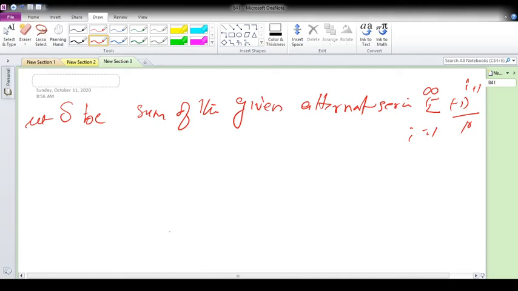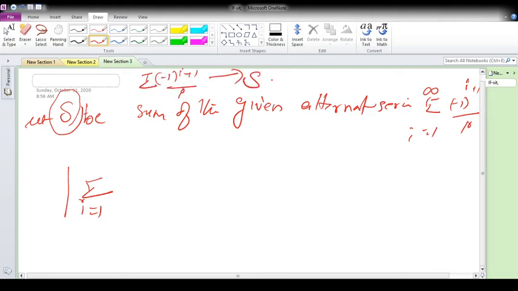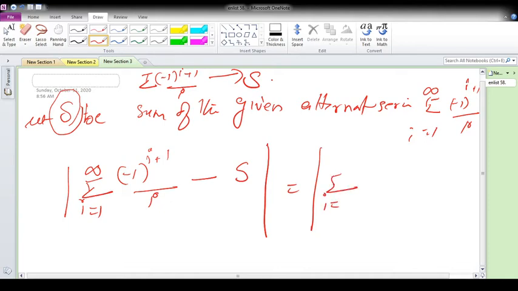Summation (-1)^(i+1) by i converges to S. So we can write summation i equal to 1 to infinity of (-1)^(i+1) by i minus S, that is equal to summation i equal to 1 to infinity of (-1)^(i+1) by i minus summation i equal to 1 to n of (-1)^(i+1) by i.